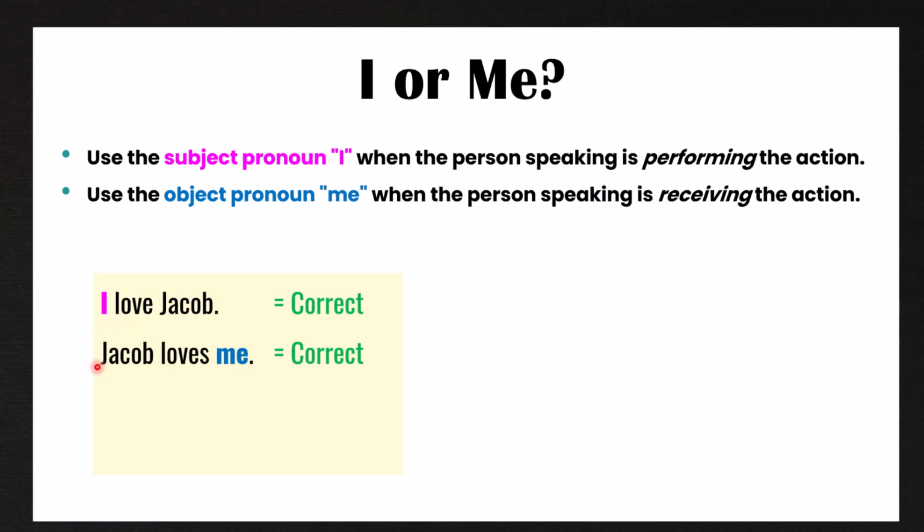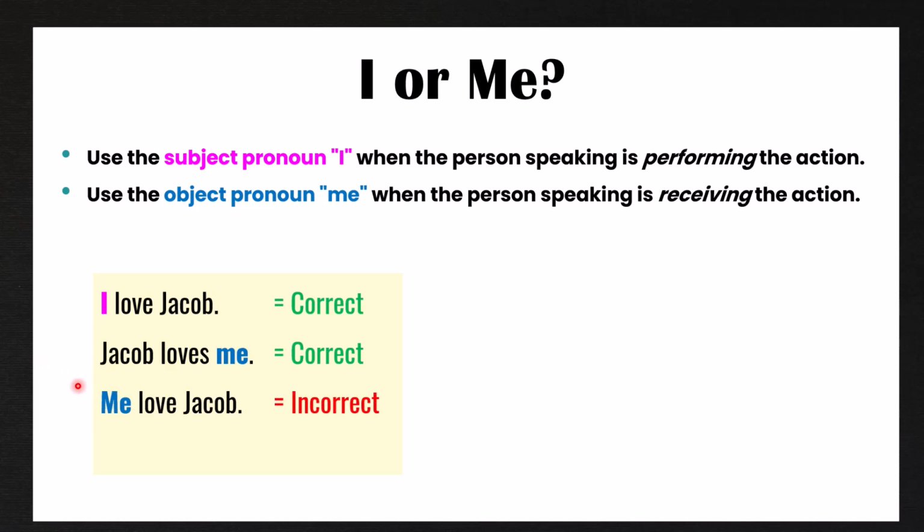However, if we say Jacob loves me, this is also correct, but we use the object pronoun me, because the person speaking is receiving the action. And you can see it comes after the verb.